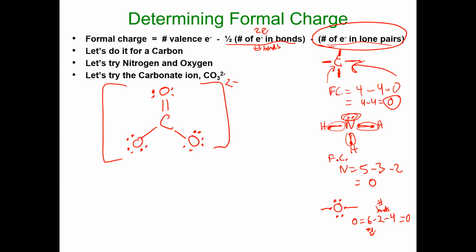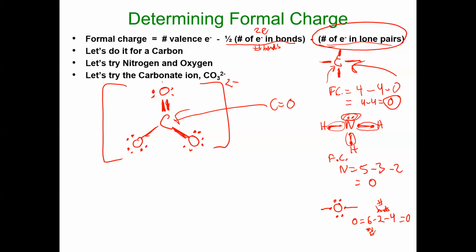So if we look at what I just did, I know that this carbon's formal charge, because it has 4 valence electrons and it has 1, 2, 3, 4 bonds. Again, they don't have to be 4 single. They can be 2 single and a double. This carbon's formal charge is 0, so it's super happy.